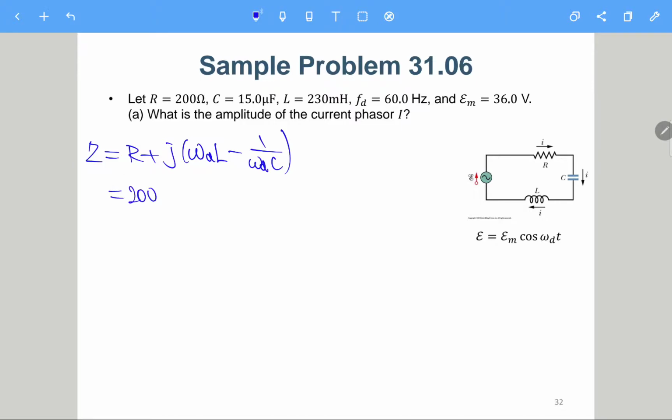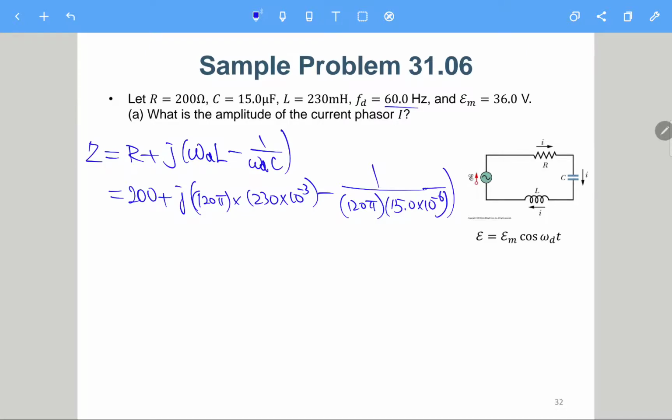R is 200, plus J omega d, with 60 Hz, so omega d is 120 pi, and then times 230 milli, and then minus 1 over 120 pi, and then C is 15.0 times 10 to the minus 6. So this number is 200 minus J 90.13.